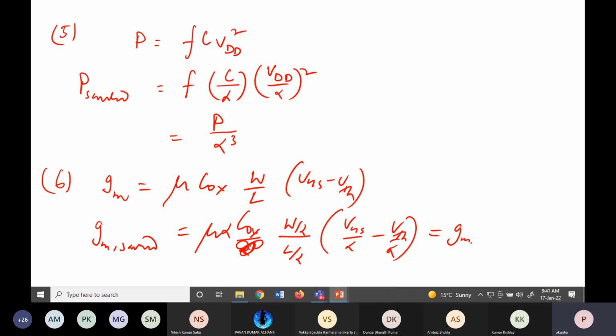So that GM will remain the same, and so on. So these are different parameters you can calculate and tally with the table which I have provided in the PPT.